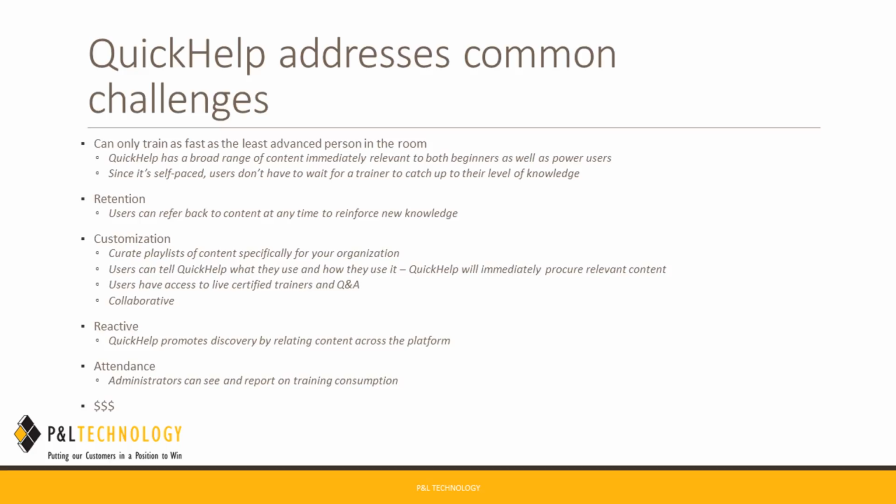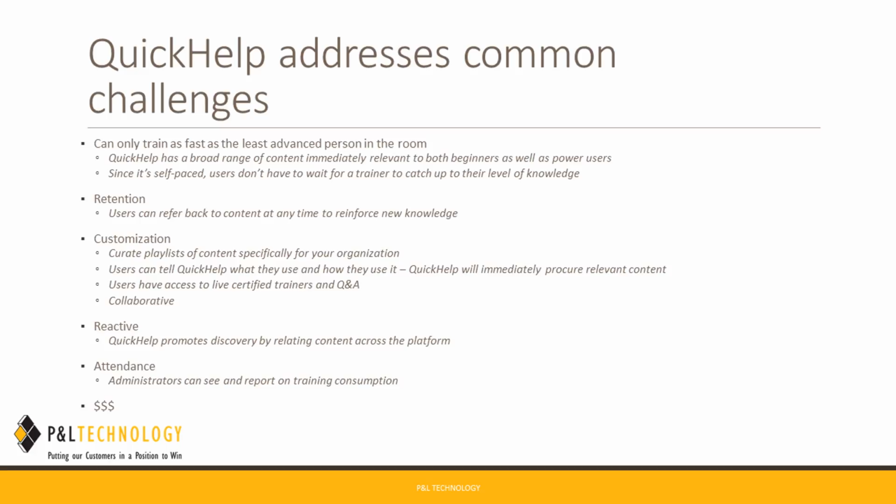And the last thing I'll say is that Quickhelp, I think, addresses the cost issue of training and bringing in trainers or sending people to training. Quickhelp is available to users at a very attractive price point of $2.95 per user per month.